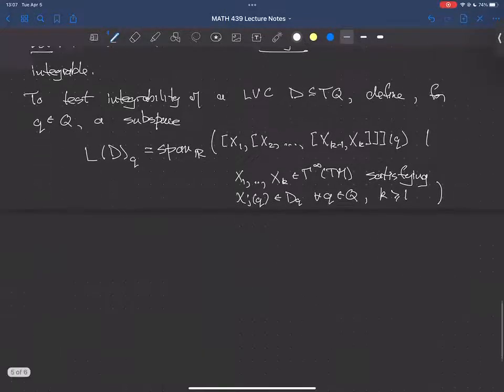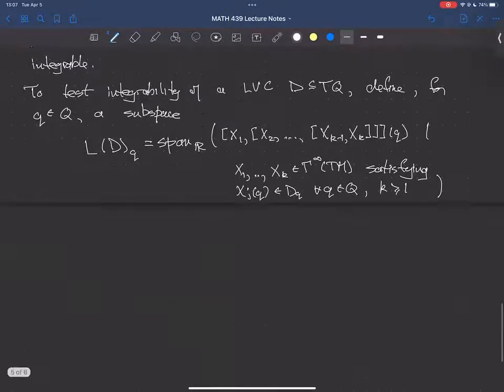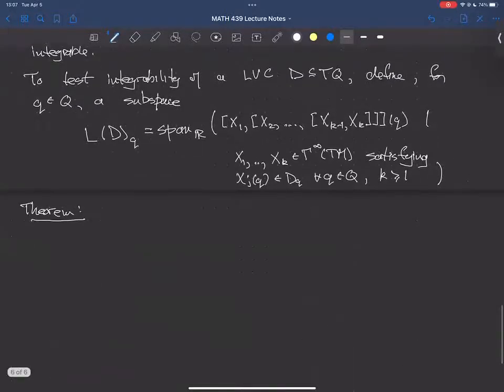But for our purposes, the interesting thing is the following theorem. Let D be a linear velocity constraint. There are two cases that I'm going to consider.